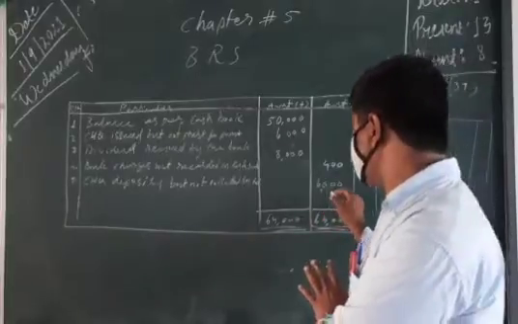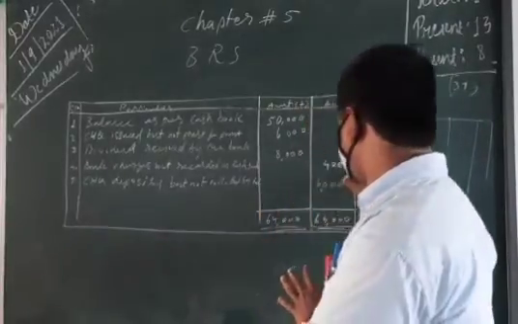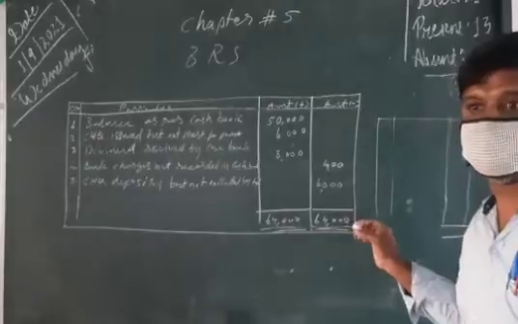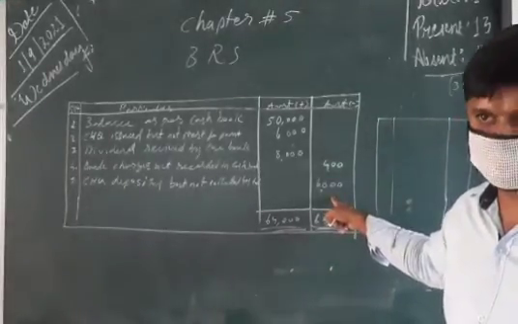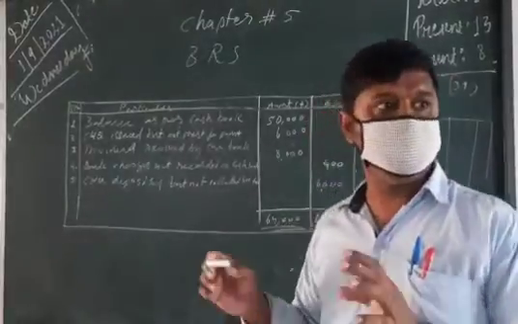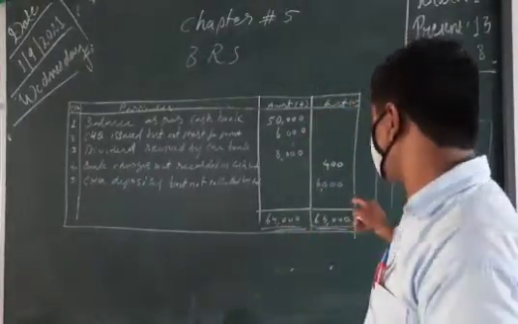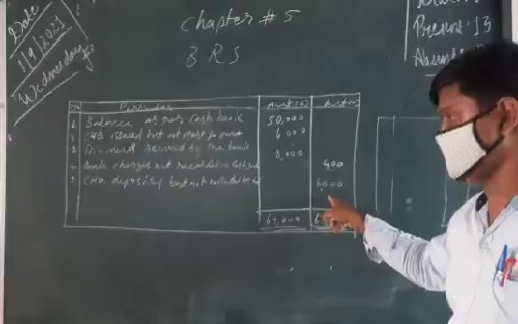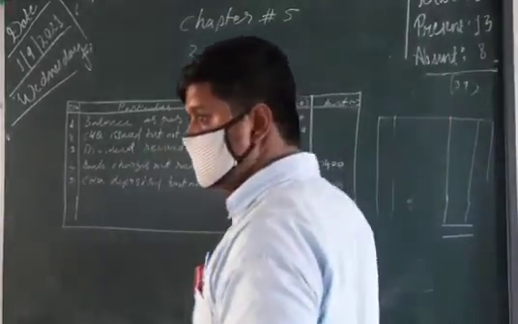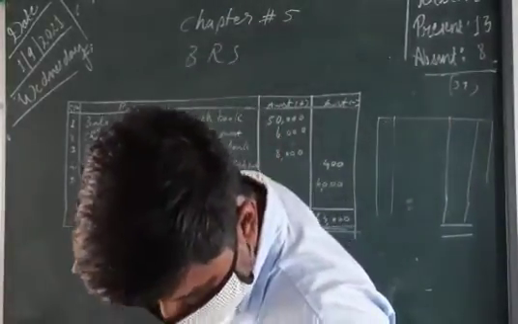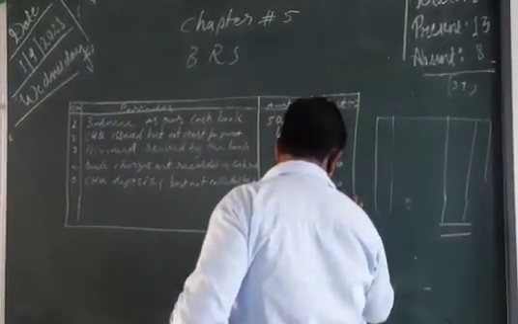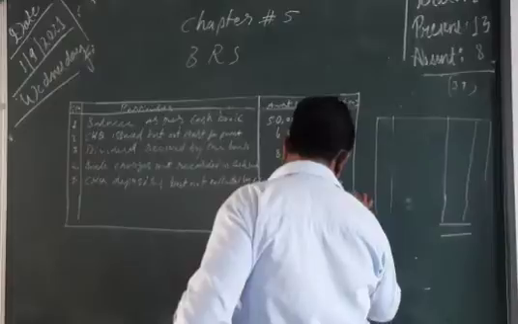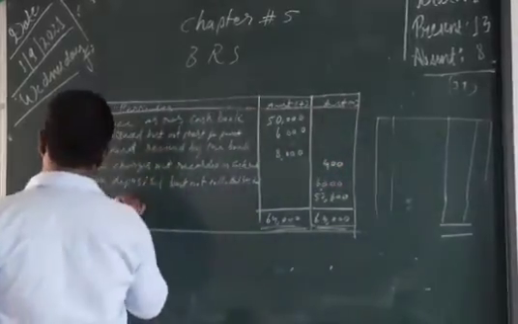How much is the difference amount? That difference amount is the balance as per passbook, meaning how much amount must be in our bank account at present. That amount is 57,600. We give here balance as per passbook.